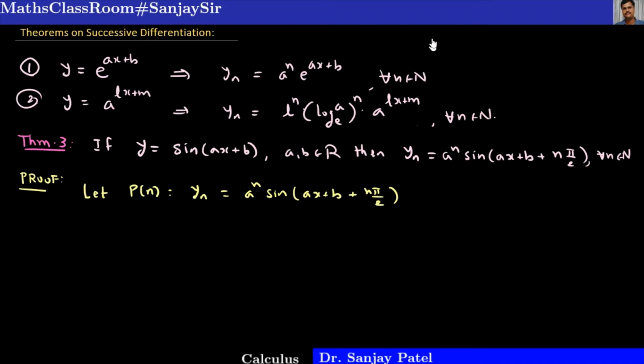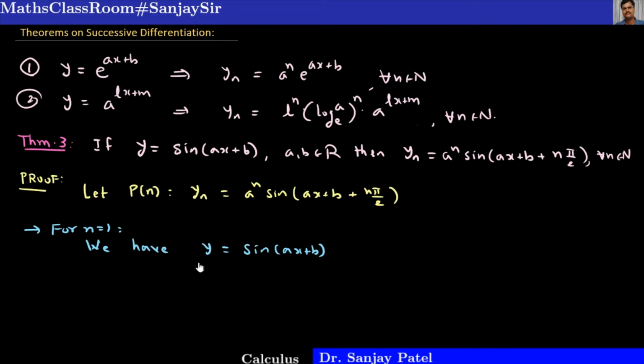In the induction, the first thing we do is check the result is true for n equal to 1. So for n is equal to 1, I have to show that y1 is equal to a raised to 1 sine of ax plus b plus 1 into pi by 2. We start with the given function y is equal to sine of ax plus b, and we want to find y1, that means the first derivative.